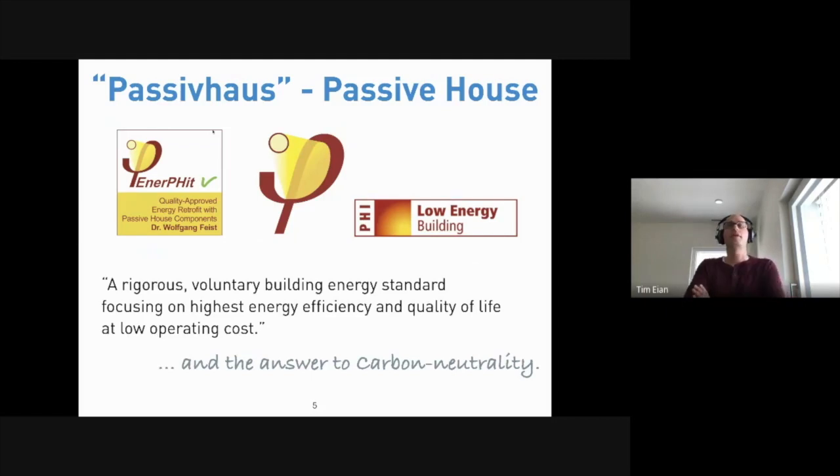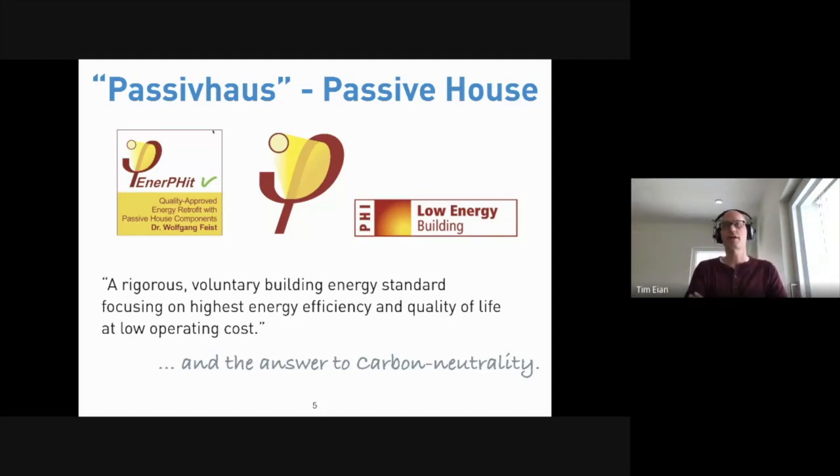Let's get on with the textbook definition, and I keep building on this a little bit. The important thing to take away here is it's a voluntary building energy standard, like many others that we have in the marketplace. The main focus of Passive House is energy efficiency, quality of life, and low operating cost.